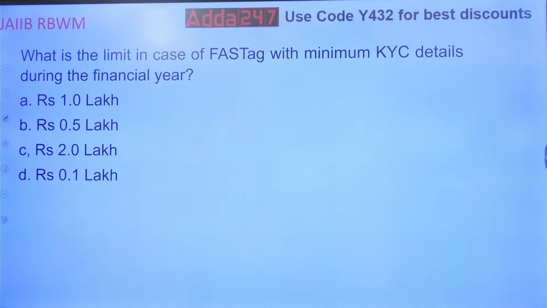What is the answer? What is it you have got? Let me see in the comment section.